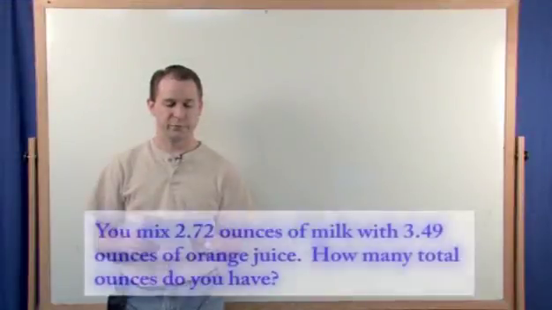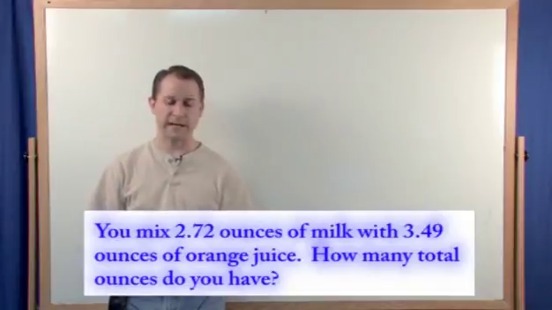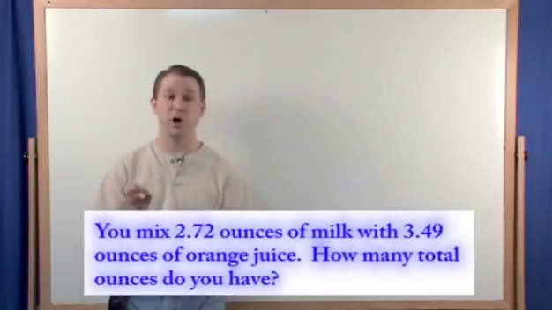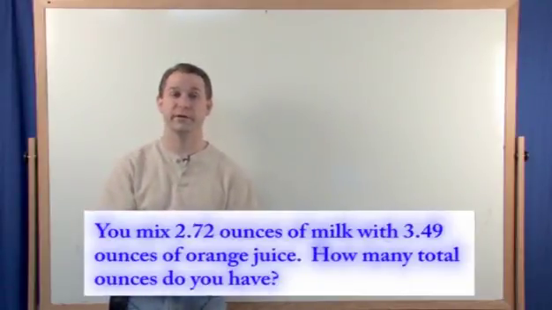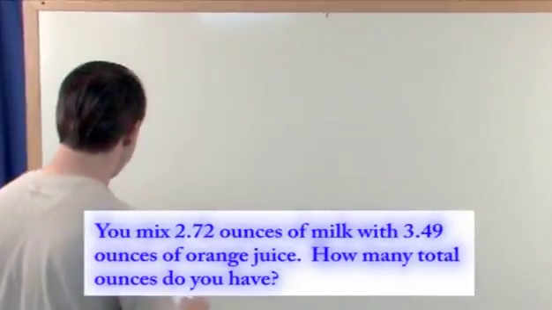The next problem says you mix 2.72 ounces of milk with 3.49 ounces of orange juice. How many total ounces do you have? And you see that last sentence is a dead giveaway. How many total ounces do you have? So you know that you're going to have to add up the amount of milk with the amount of orange juice to get to the final answer, because it's asking you how many total ounces do you have.